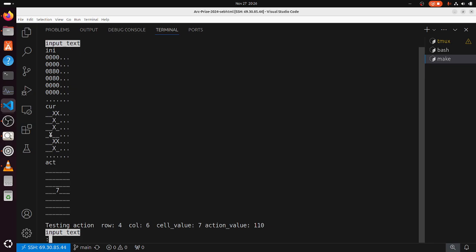X means that it's masked, so the neural network cannot read that, and the underscore means it's vacant. And the center cell here, it's this one. So the proposed action is to put 7 there.